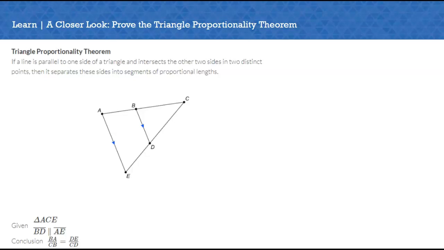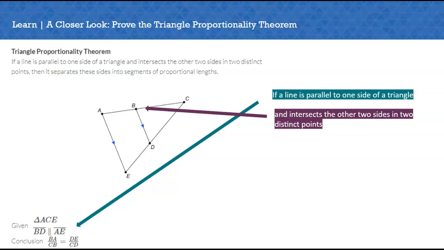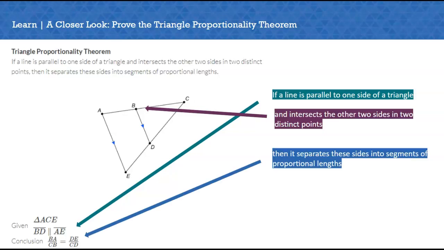This says that if a line is parallel to one side of a triangle and intersects the other two sides in two distinct points, then it separates these sides into segments of proportional length.